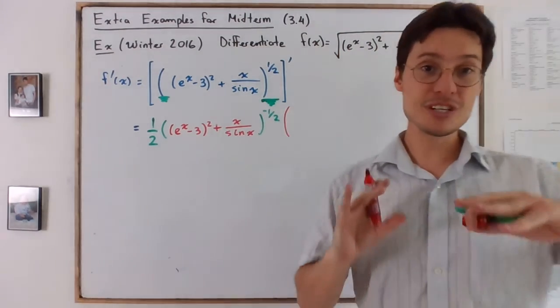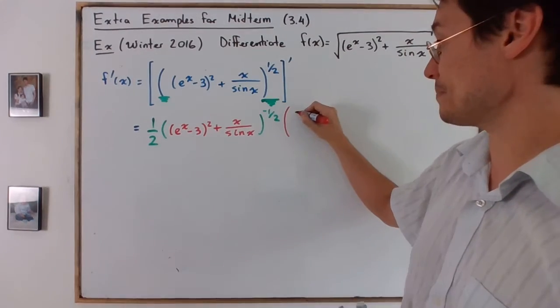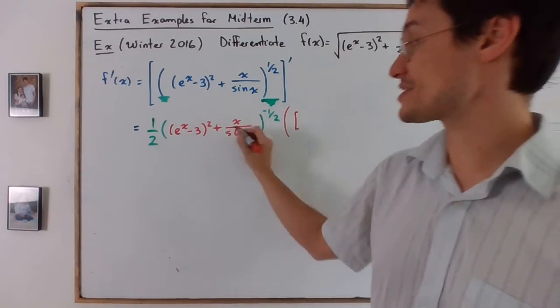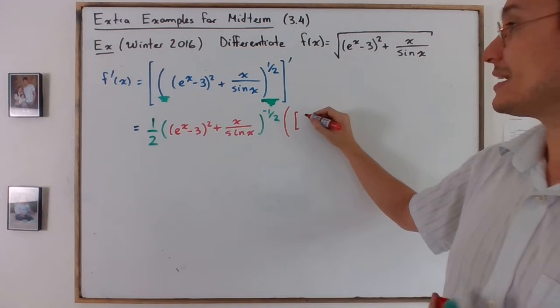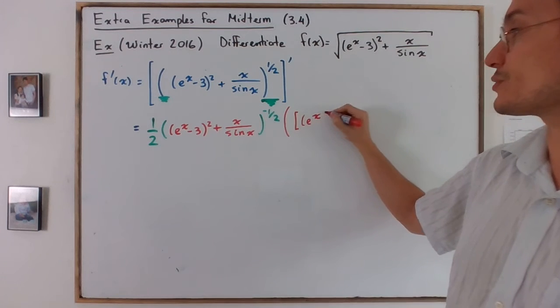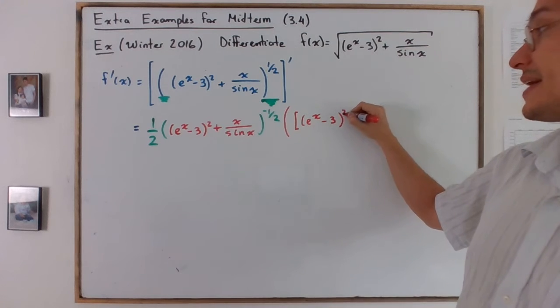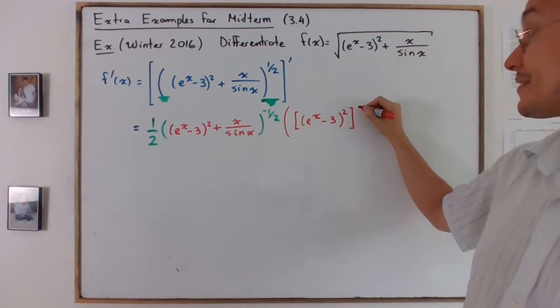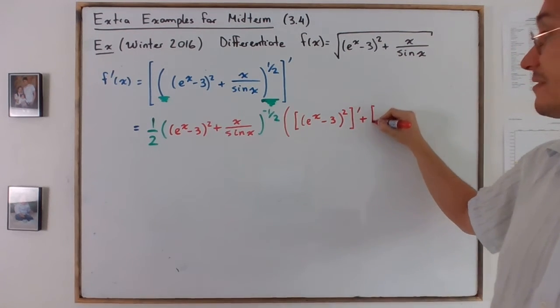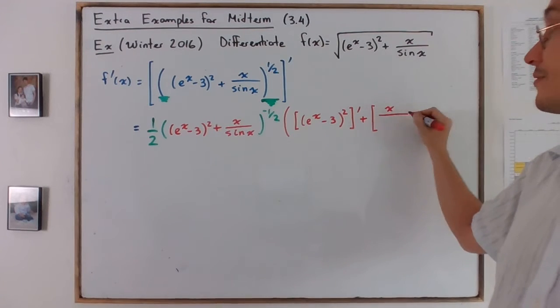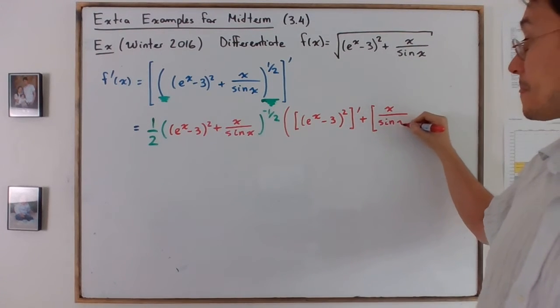Here, I'm just going to take one step because you have a sum. The derivative of a sum is the sum of the derivatives. So you have here e to the x minus 3, squared, take the derivative of that, plus the derivative of x over sine of x.